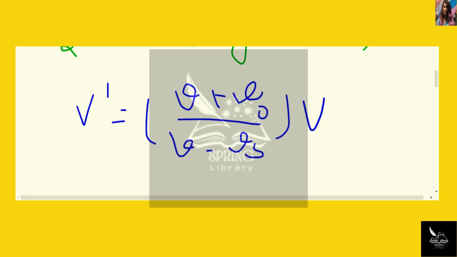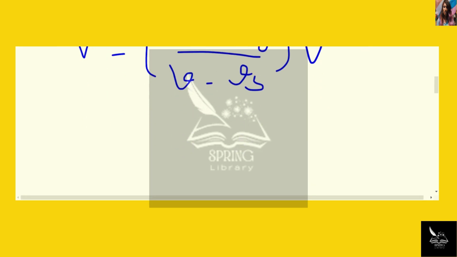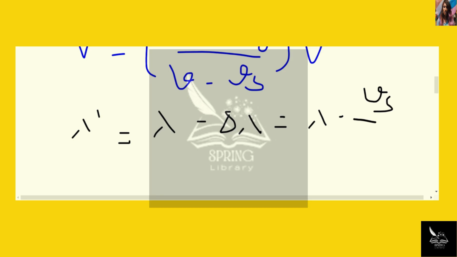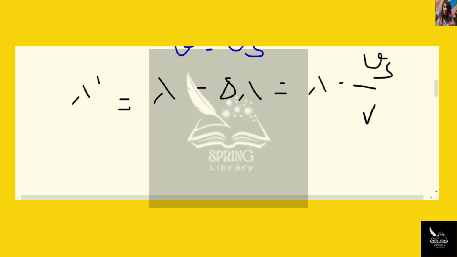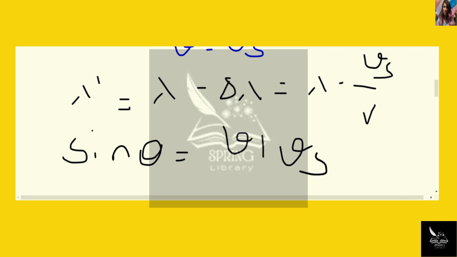Also, we know that the observed wavelength λ' can be given by λ minus Δλ, where Δλ is equivalent to vs over ν, and as we know for a shock wave, the Mach angle θ is given by sin θ is equal to v upon vs.